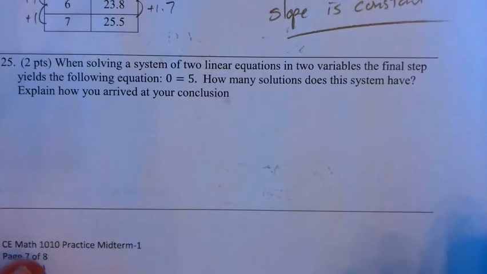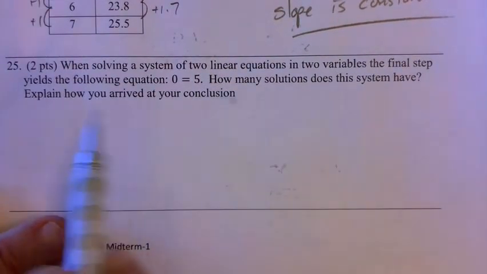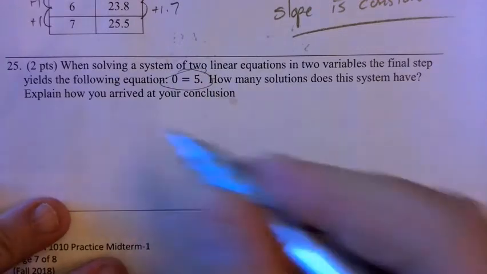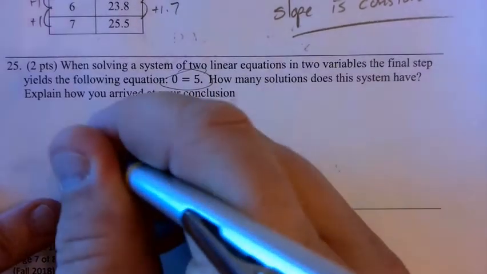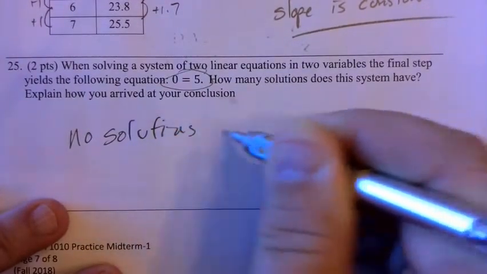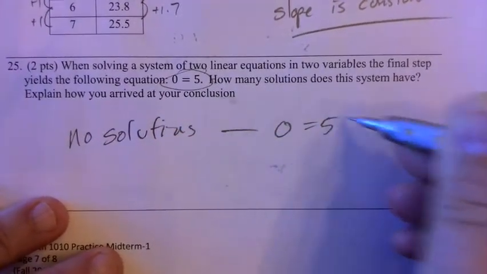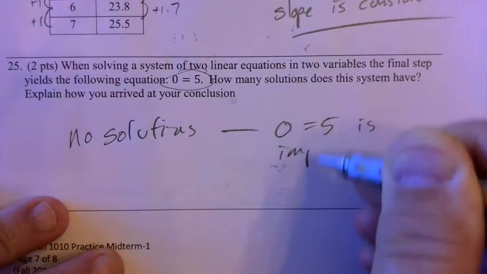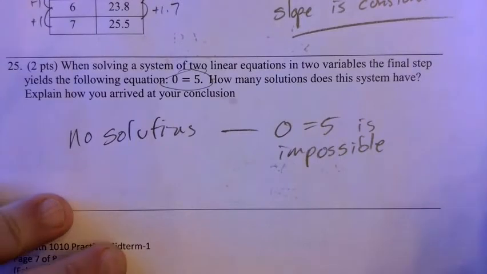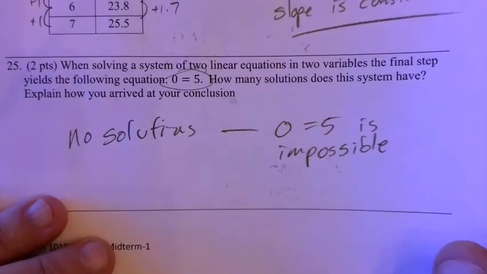When solving a system of two equations in two variables, the final step yields the equation 0 equals 5. That's an impossible statement. So that means there's no solutions. Why? 0 equals 5 is impossible. Sorry, got a song stuck in my head.